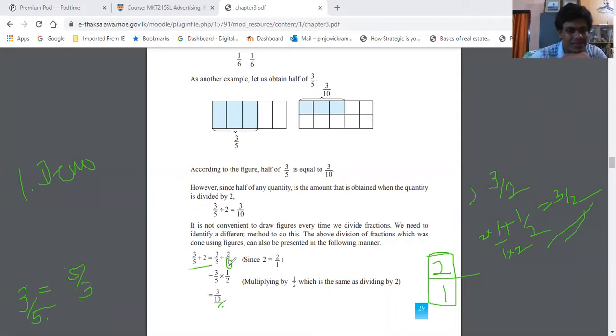This reciprocal idea comes like that, and it should always be used when it comes to division. The division method of fractions will always tell you to use the reciprocal when multiplying. That means the method of division, divide by 2 over 1.